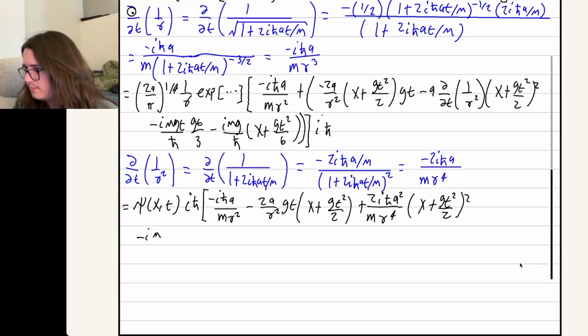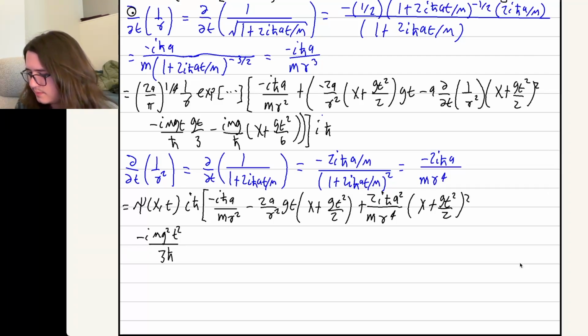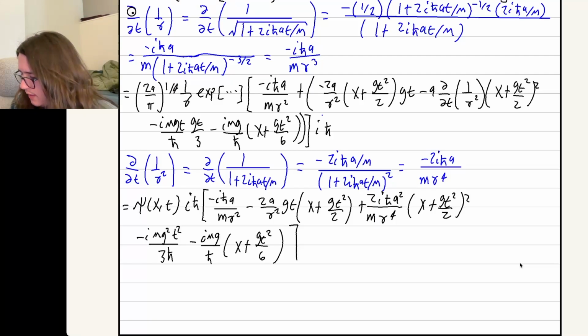Minus i m g squared t squared over 3 h bar, just putting these two fractions together. And also we still have this minus i m g over h bar times x plus g t squared over 6. We haven't done anything with that yet.